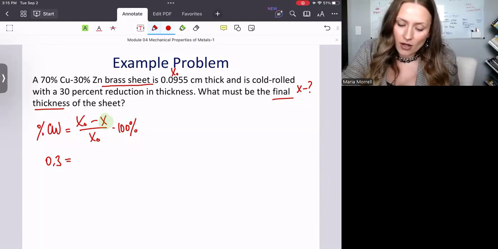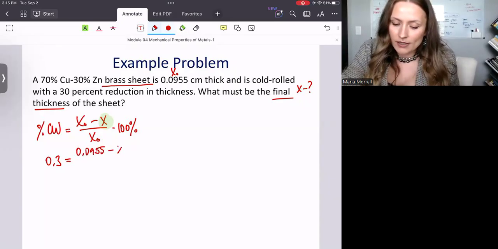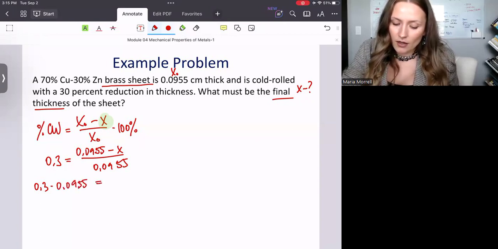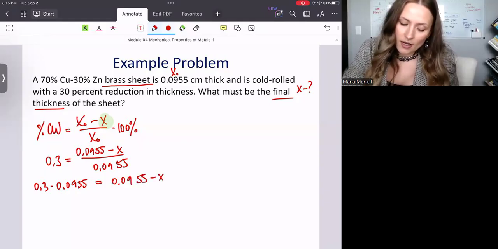Okay, so my x naught is 0.0955. Minus x divided by 0.0955, so that would give me 0.3 times 0.0955 equal to 0.0955 minus x.